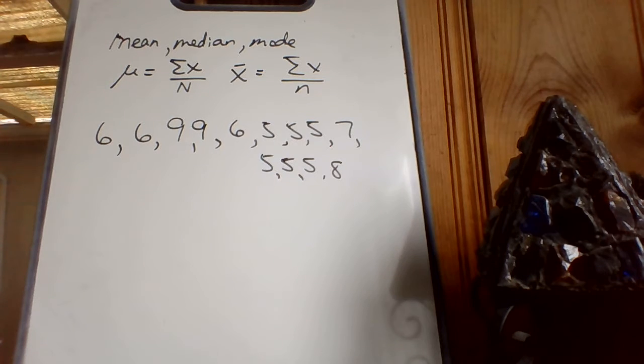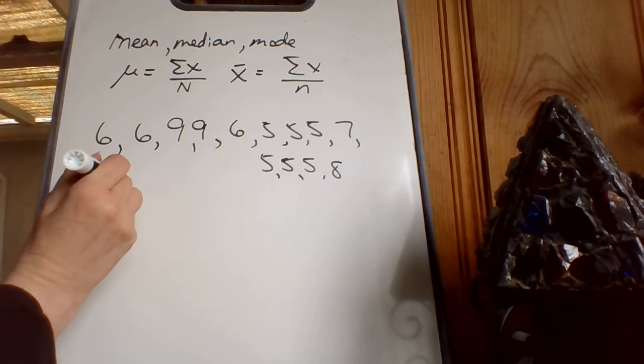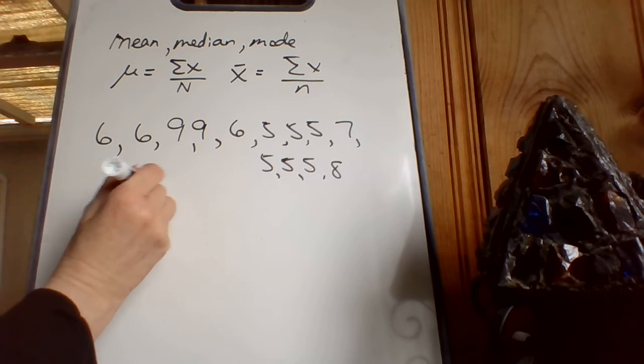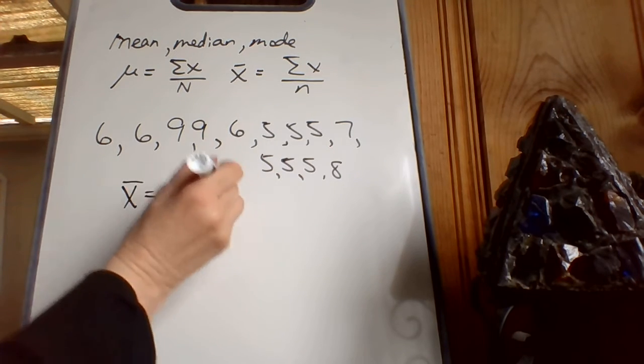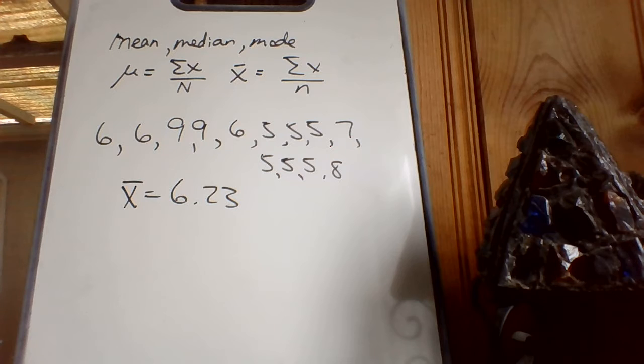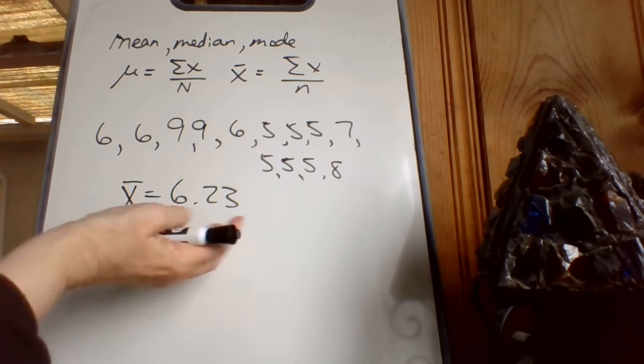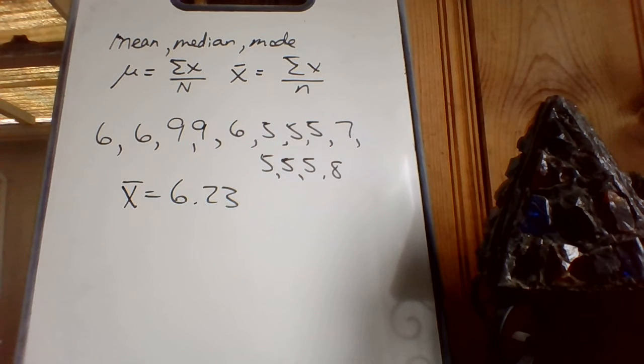And I get like 6.23. I added them all up and I divided by however many I have. I saved a couple decimal places just to be impressive and show that I actually used my calculator because I got decimal places. And that's the average.